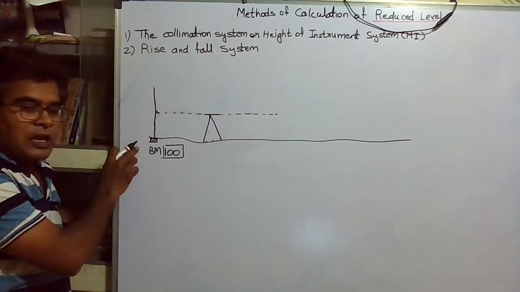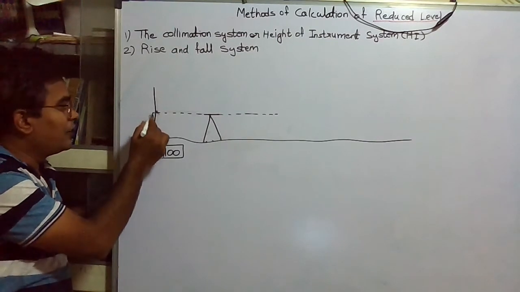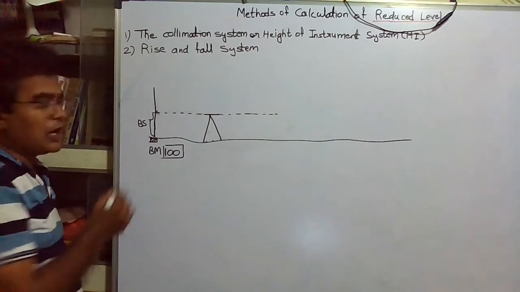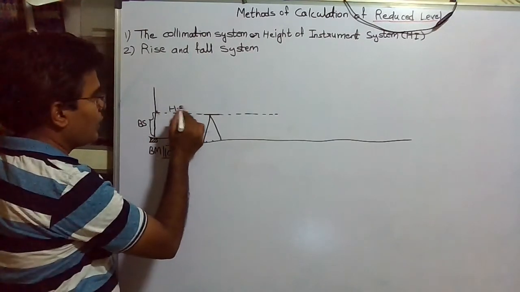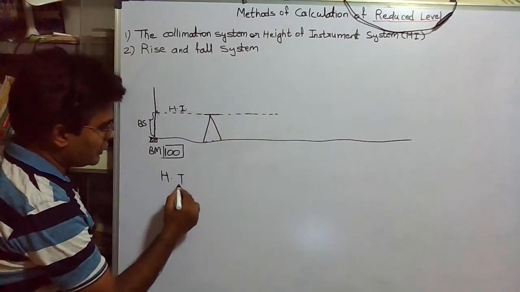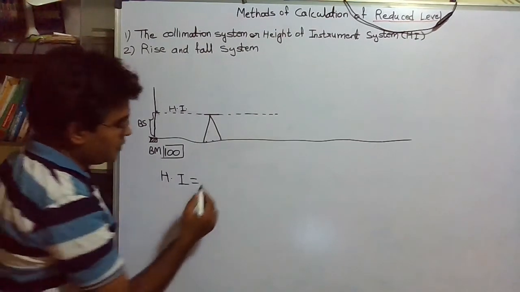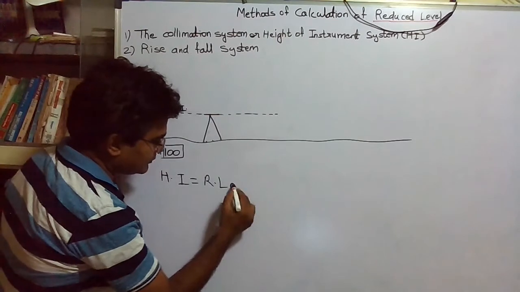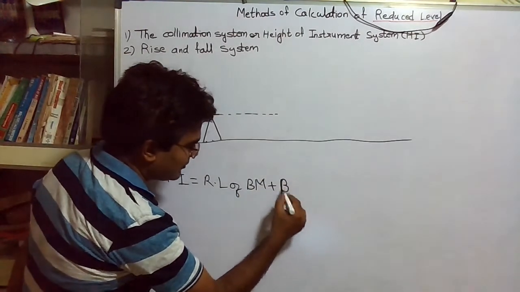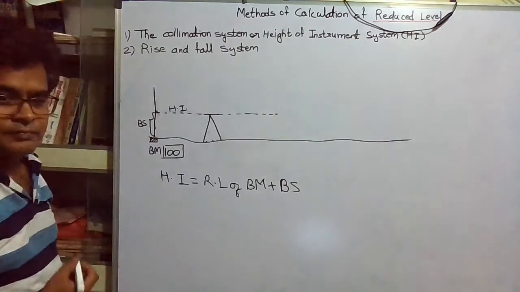This is the benchmark, and this reading is the backside reading. So how can we calculate height of instrument? Height of instrument is nothing but RL of benchmark plus backside reading.